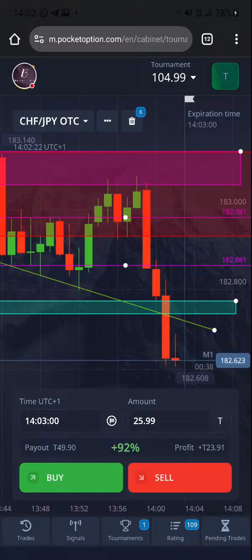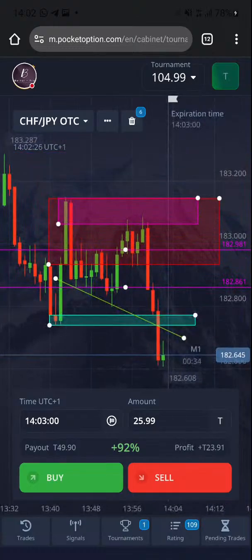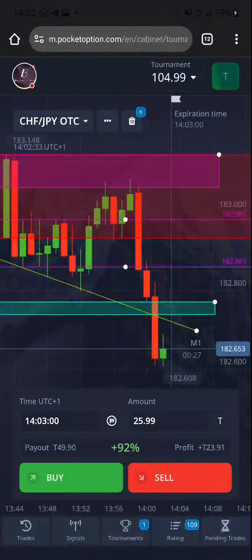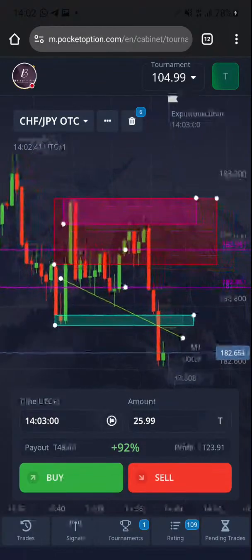It doesn't matter how many analysis you do, or how many supply and demand areas you have. If people panic sell like this, your technical analysis is not going to work. Your indicators are not going to work. So it happens like that, and you really can't.